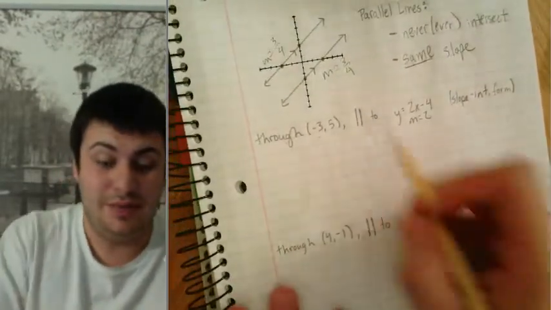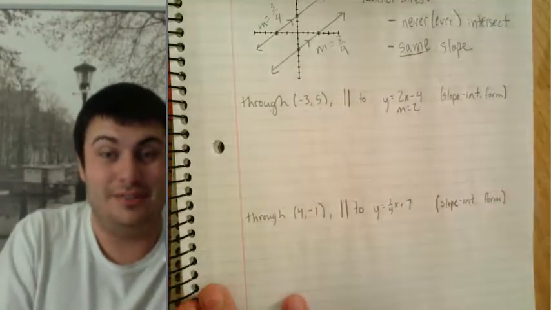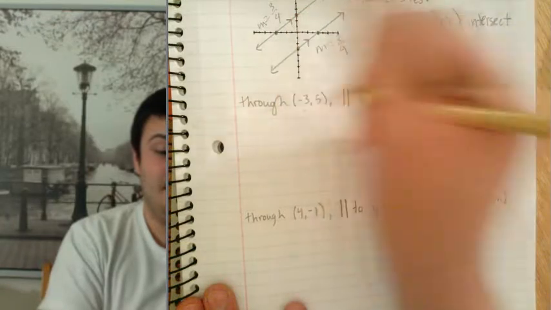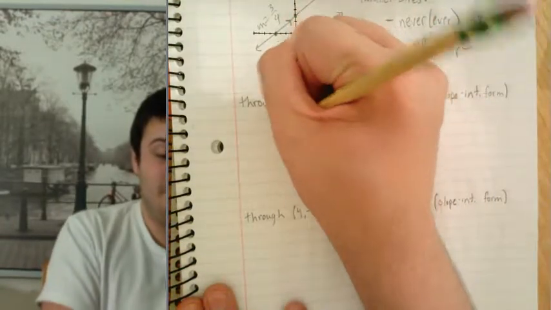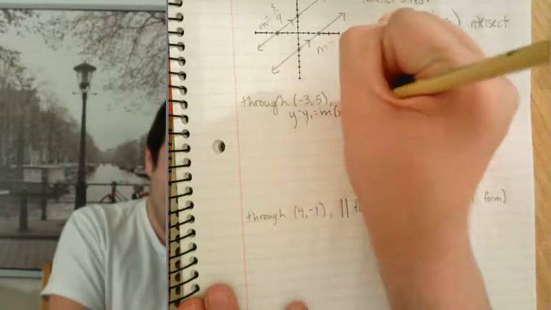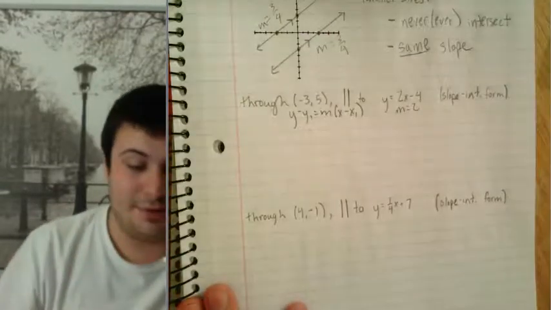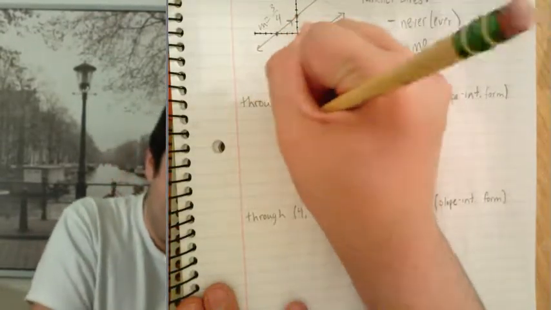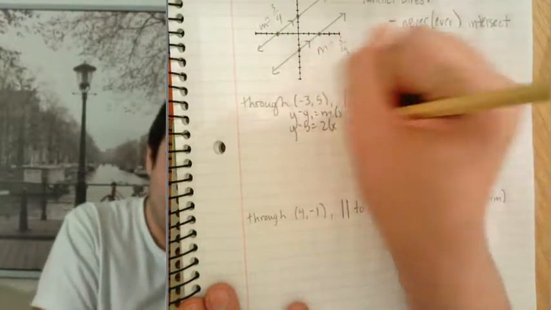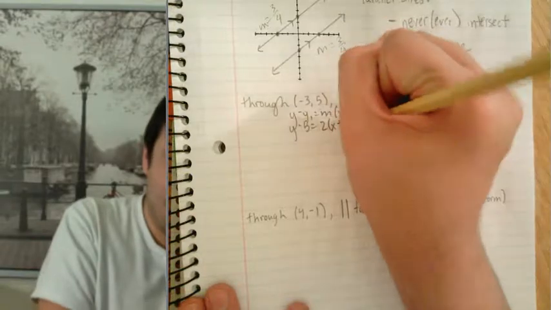Well, we have a point, we have a slope. I say we plug this into point-slope form. So we remember y - y1 = m(x - x1). I'm going to plug this in. So we have y - 5 = 2(x - (-3)).